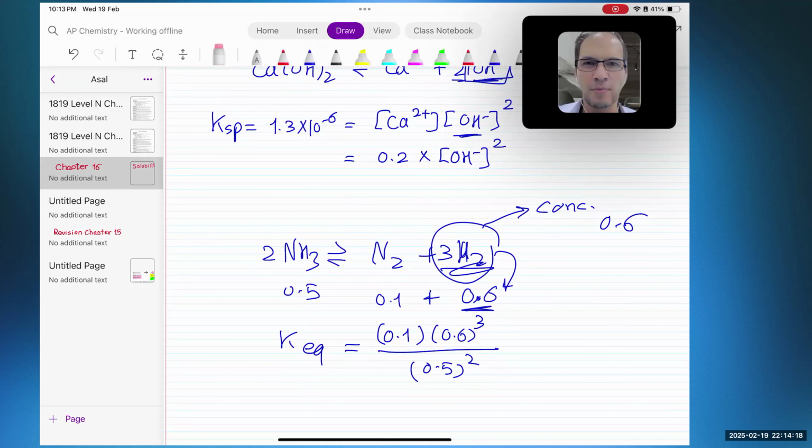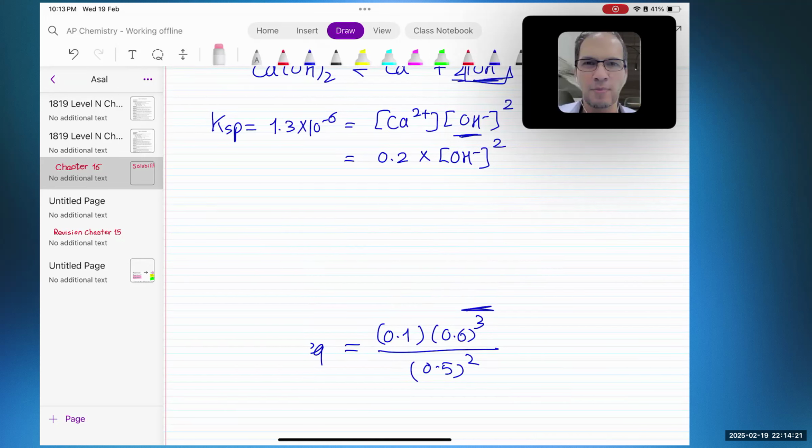So I don't multiply by 2, I power it to the power of 2 بس. كويس انت سألت السؤال. Okay.